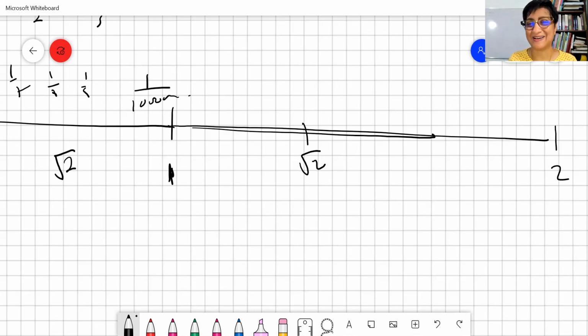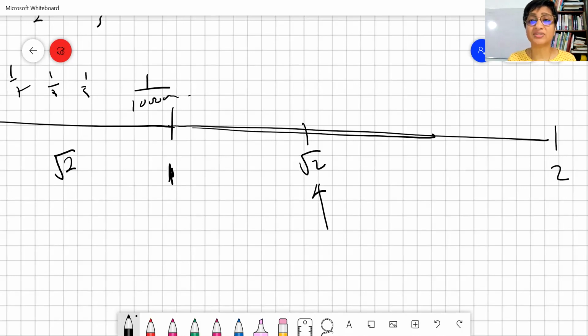Do you understand that? And then you see there are more of these numbers on this line than fractions. When I say fractions, fractions means rational numbers. A rational number is a number that can be written as a fraction with two integers.